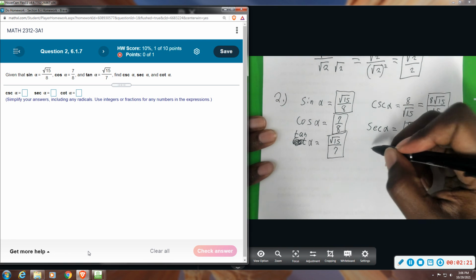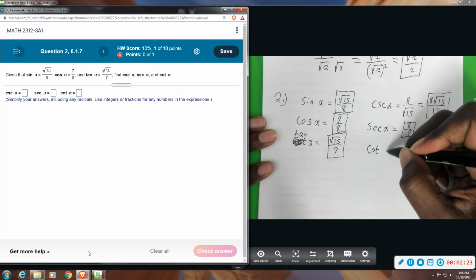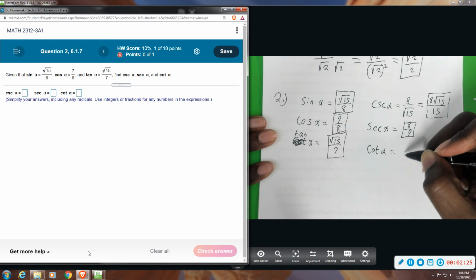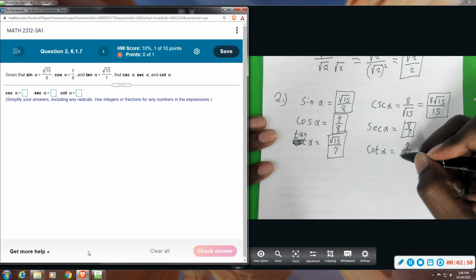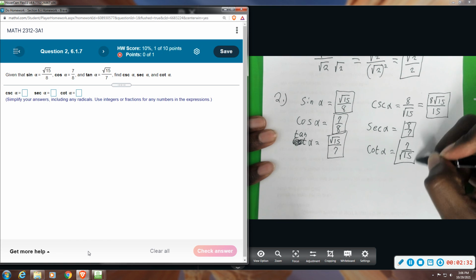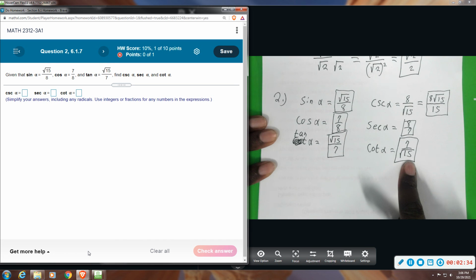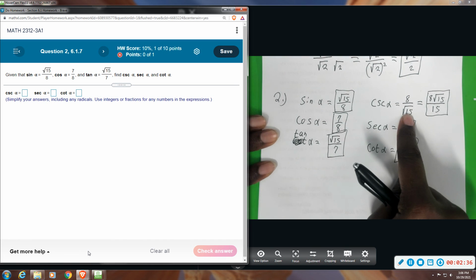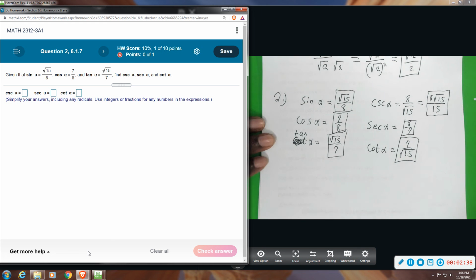And then cotangent is going to be equal to 7 over the square root of 15. So once again, I'm going to leave one just to show you it's accepting it like that. You don't have to go ahead and do that extra step. And then one I'm going to change just to show you once more.